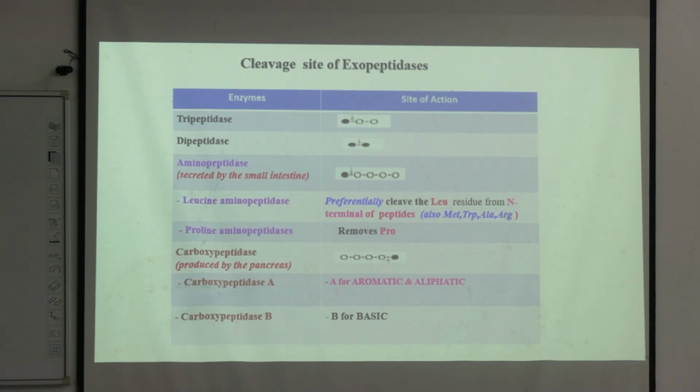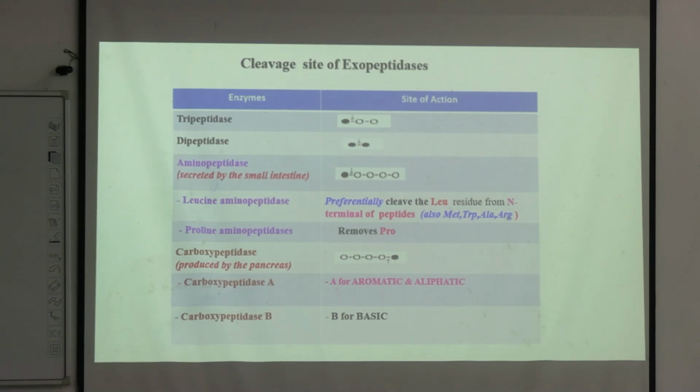But it can also cut others, as I told you that enzyme specificity is not absolute in all cases. It preferentially cleaves leucine, but can cleave the terminal part of other amino acids as well. Similarly, proline aminopeptidase removes the proline.